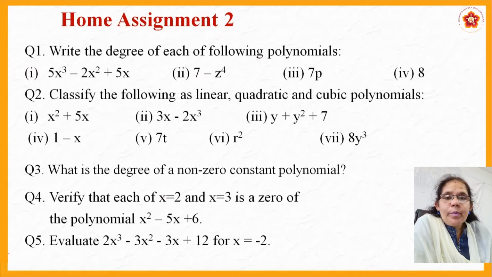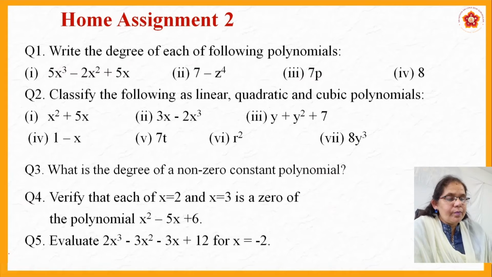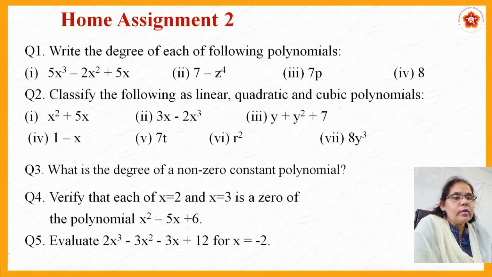This was the home assignment given to you. Write the degree of each of the following polynomials. We will have a quick look at this home assignment too. So degree of the polynomial, in first part, highest exponent is 3, so degree is 3.